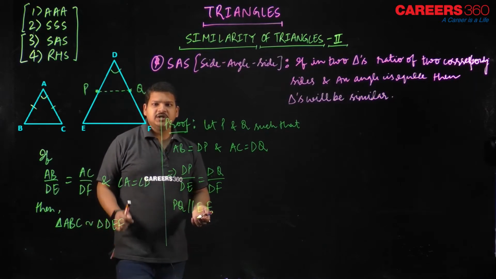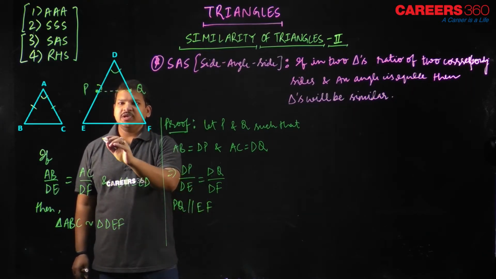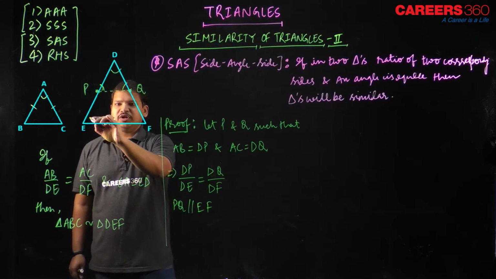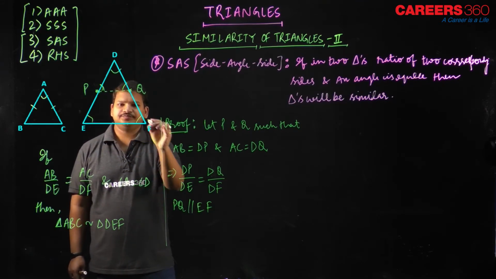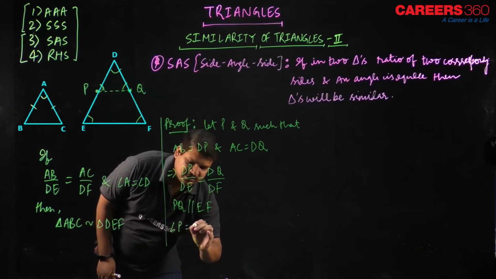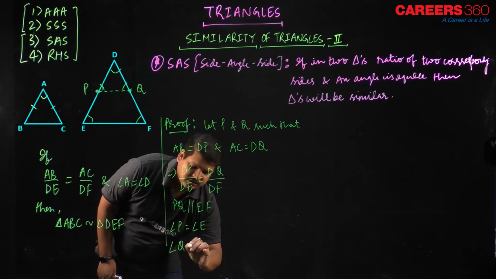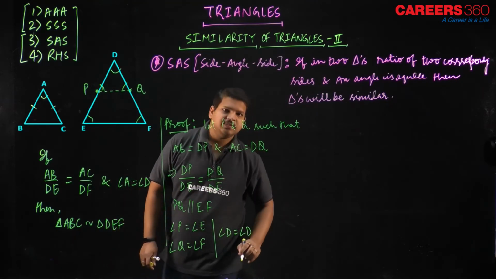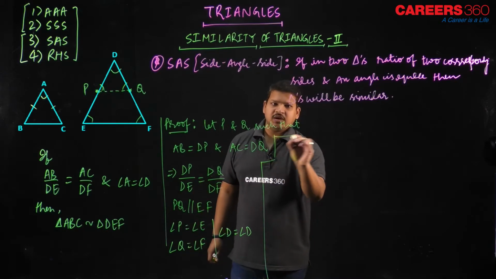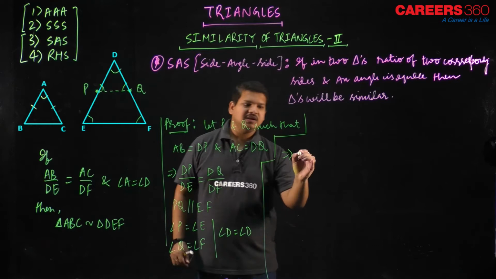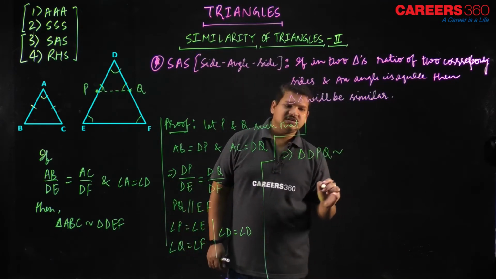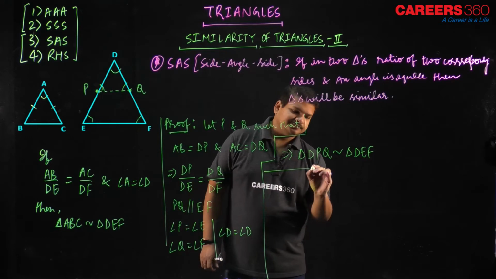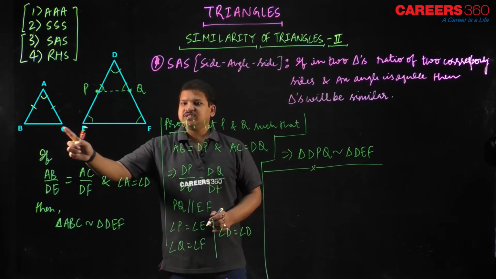And if PQ is parallel to EF, then angle P and angle Q are correspondingly equal to angle E and angle F. So angle P is equal to angle E and angle Q is equal to angle F. Also angle D is common, angle D is equal to angle D. So we can directly imply that triangle DPQ is similar to triangle DEF.